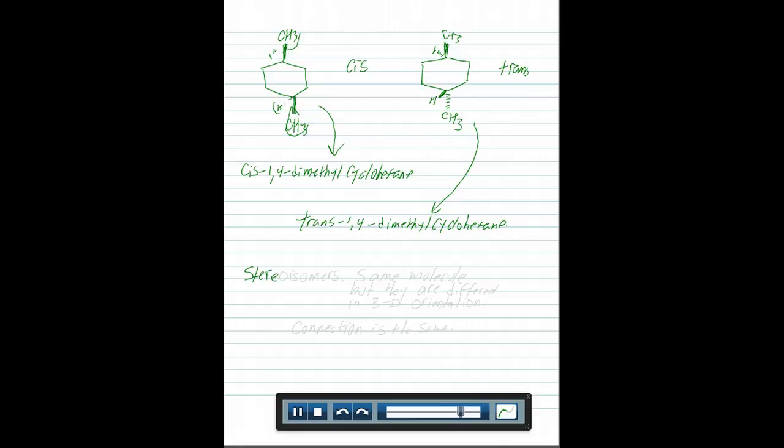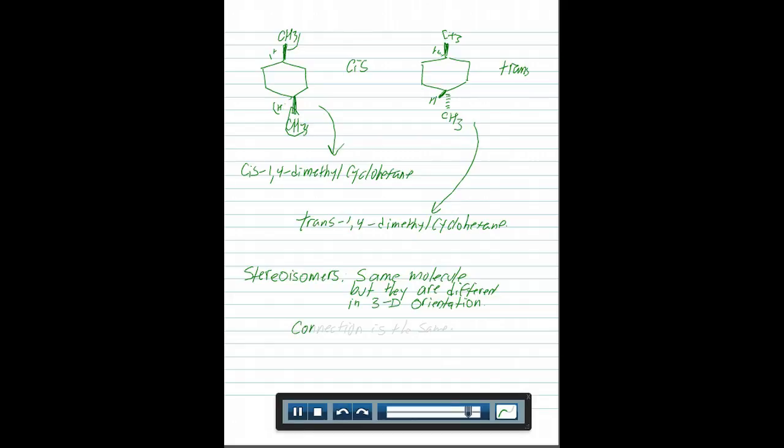So we learned about constitutional isomers: same formula, but the structures are completely different. Stereoisomers are the same molecule, but they are different in 3 dimensions, let's call it a 3D orientation. They are connected to the same atoms. That's the important thing.